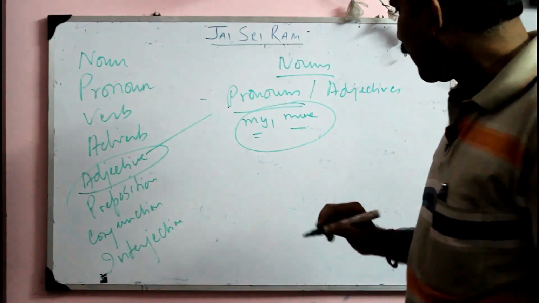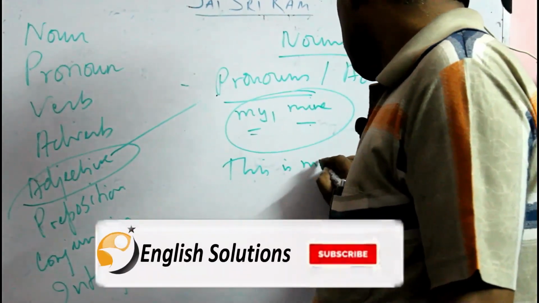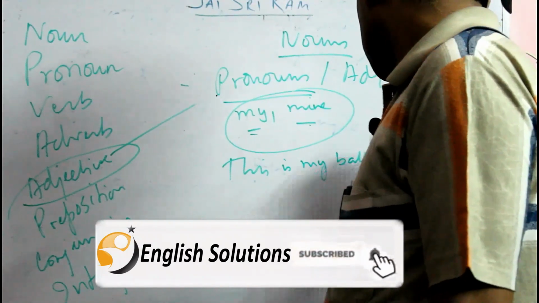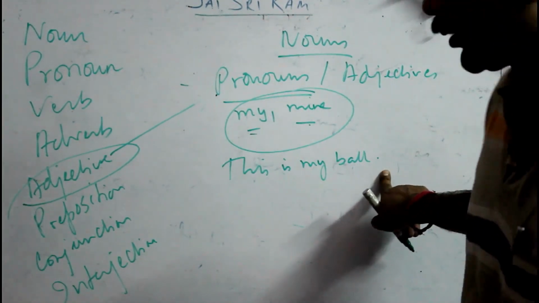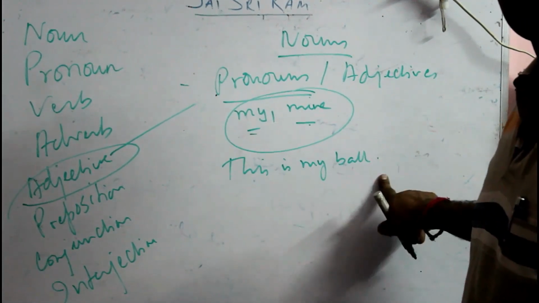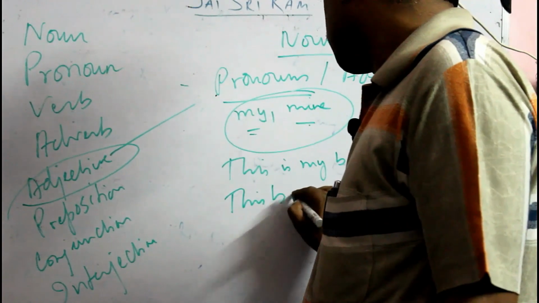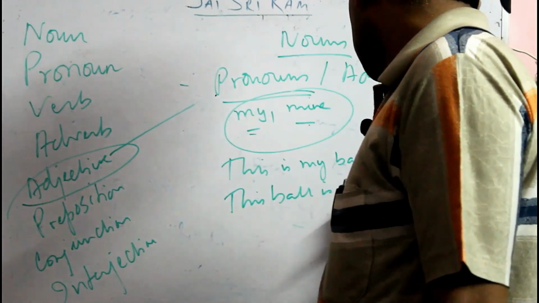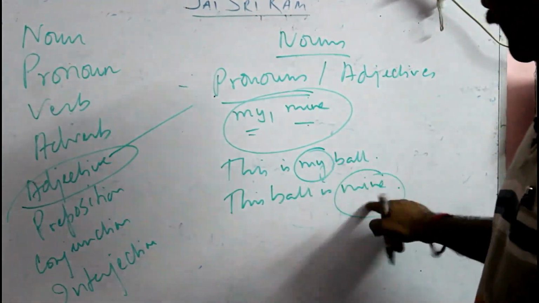If you look at these 2 sentences that I am writing: This is my ball. Don't forget to give the dot, because sometimes we forget, but the dot is very important. Without the dot, the sentence is incomplete. This ball is mine. Now look at these 2 words, my and mine.